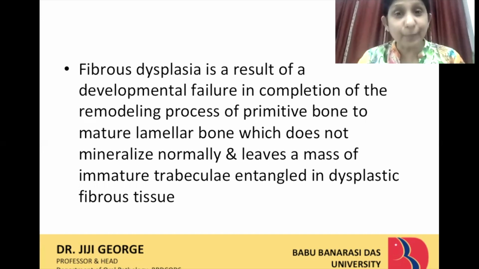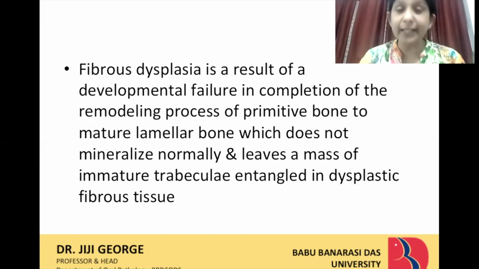So the lamellated bone is actually mature bone, and it is very different from a woven bone or a primitive bone. So this remodeling from a primitive bone to the mature lamellated bone basically doesn't occur in fibrous dysplasia. It does not mineralize normally, and it just leaves a mass of immature trabeculae entangled in dysplastic fibrous tissue.